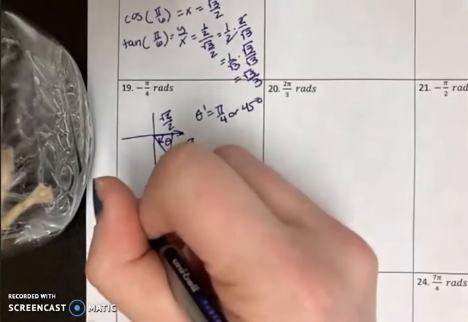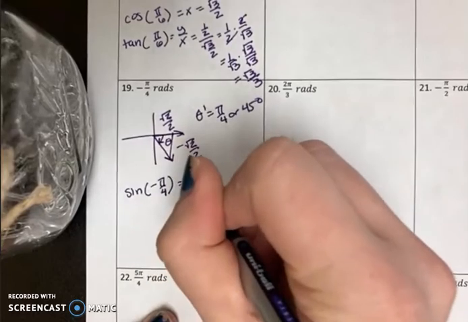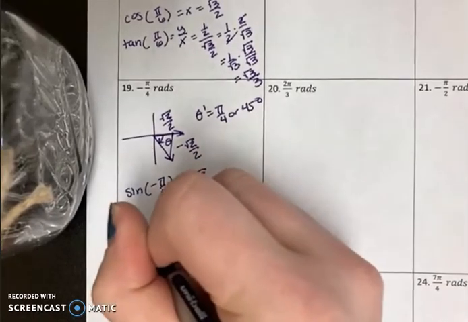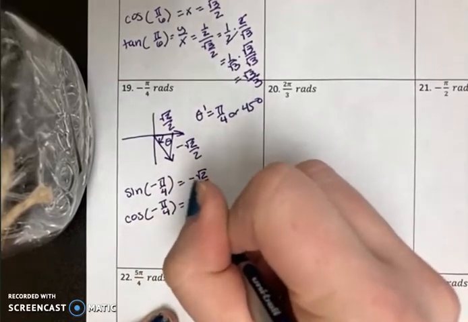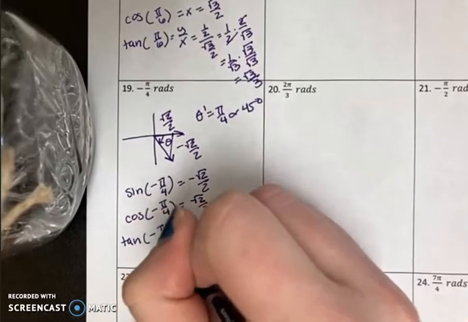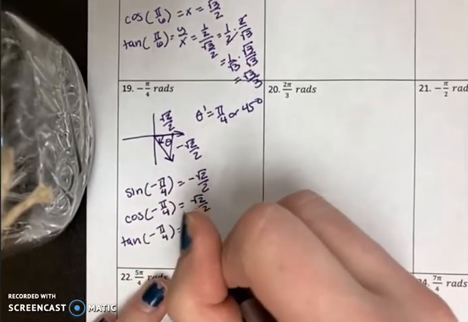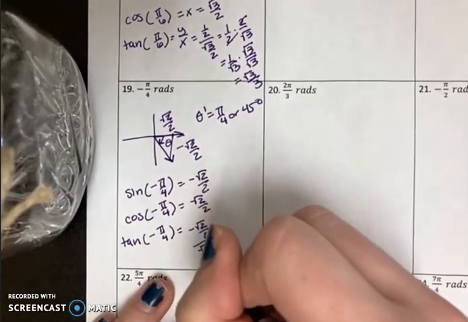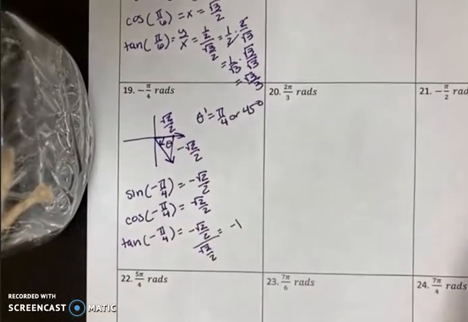So that would be sine of negative pi over 4 is negative root 2 over 2. Cosine of negative pi over 4 is a positive root 2 over 2, and tangent of negative pi over 4 is going to be negative root 2 over 2 divided by root 2 over 2 because it's y over x, and I get negative 1.